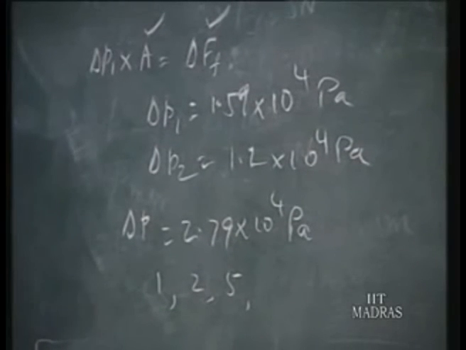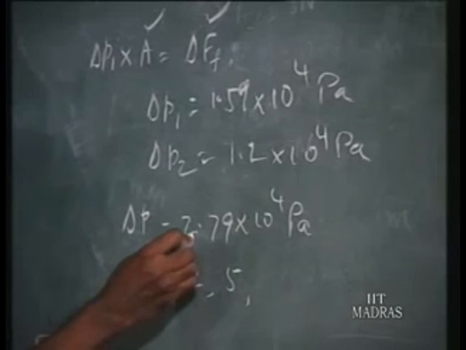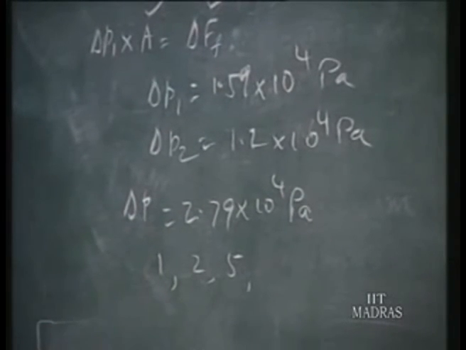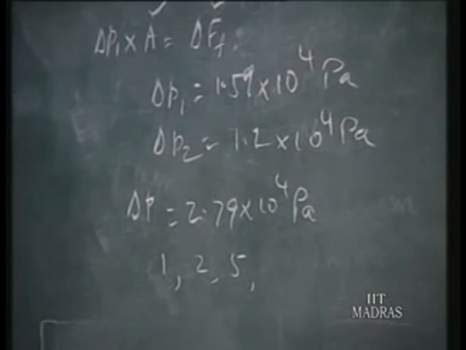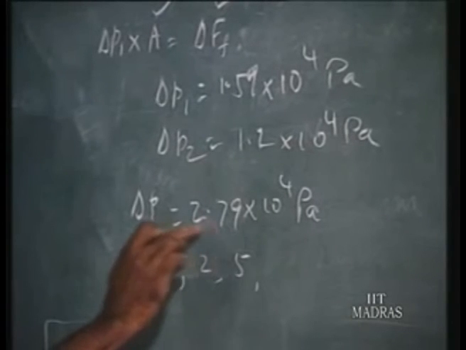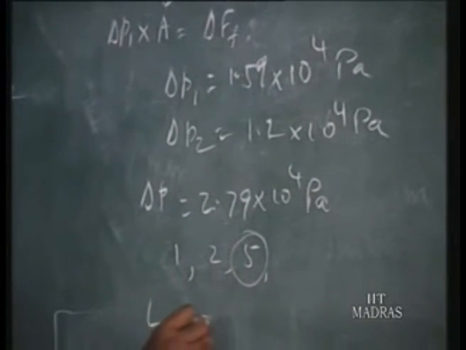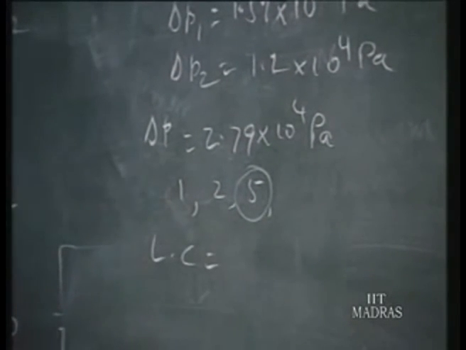You might have noted this in the usage of instrumentation. So what is the number nearer to this number? The least count should be equal to or larger than the error. So which number is larger than this? Only 5. So take the least count as the next larger number, 5, because 3 is not used for least count.